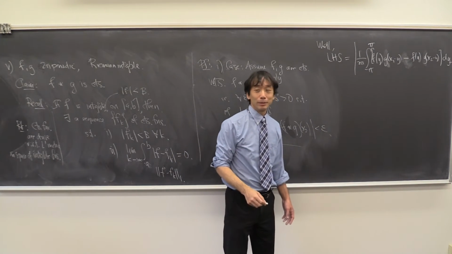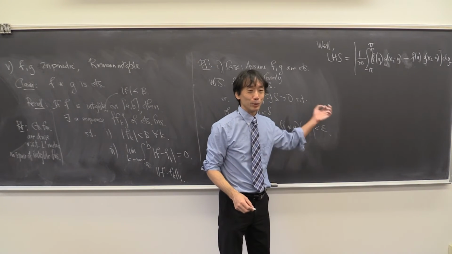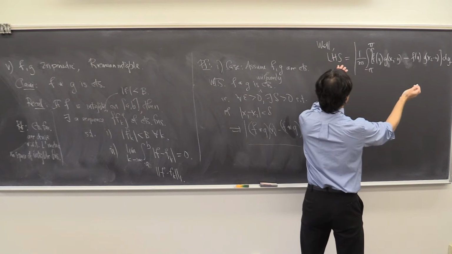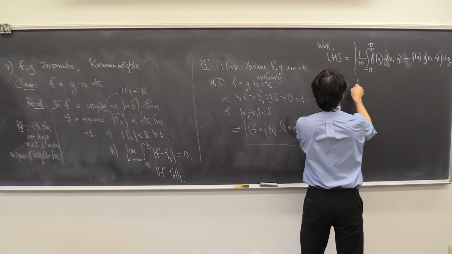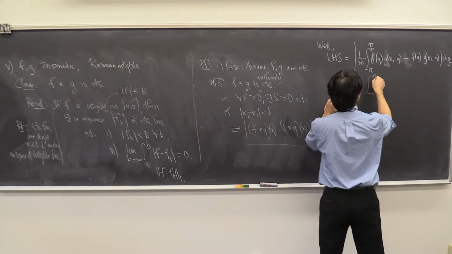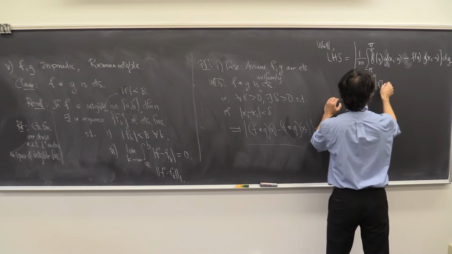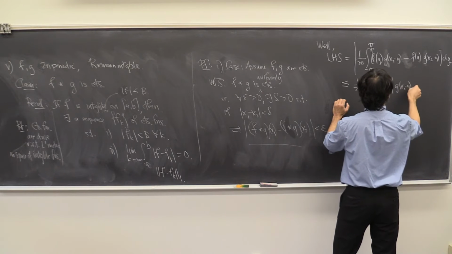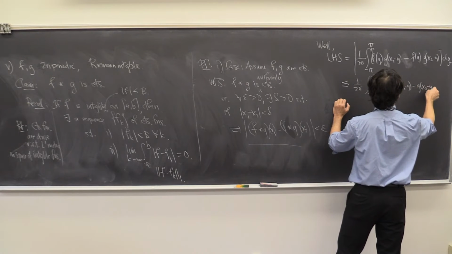And the usual move, we use the triangle inequality, right? We're trying to get control of the size of this guy, so this is going to be at most the absolute value of f times the absolute value of g of x1 minus y minus g of x2 minus y dy.